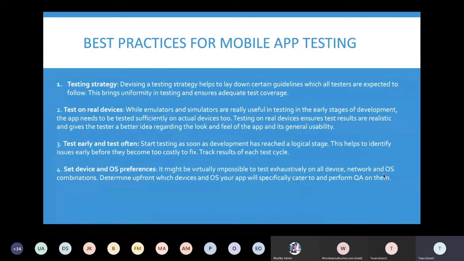So now, best practices for mobile application testing. I'll just go through this quickly. A lot of the things we've discussed earlier. Yes, you need to have a testing strategy. The strategy will help you lay down certain guidelines you're expected to follow, and it also gives you uniformity in testing and ensures that you have adequate test coverage.